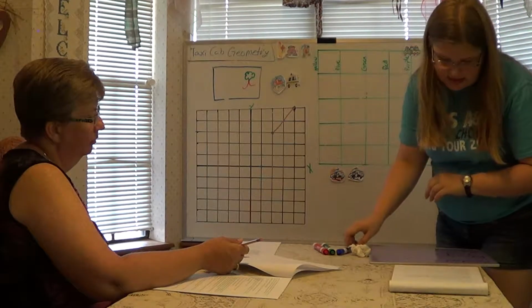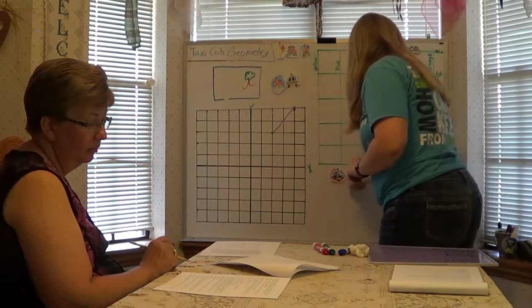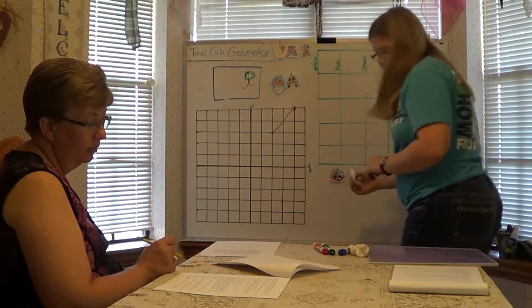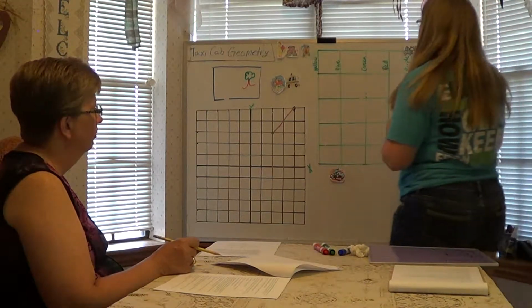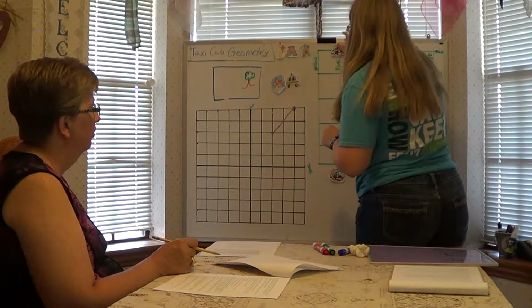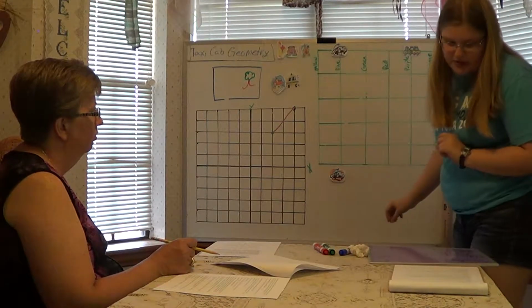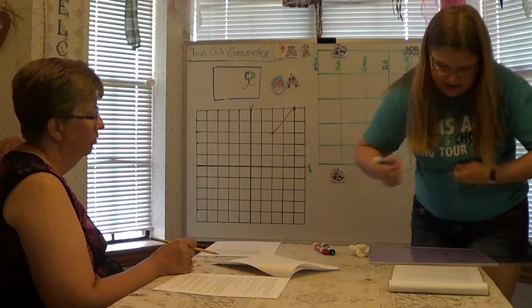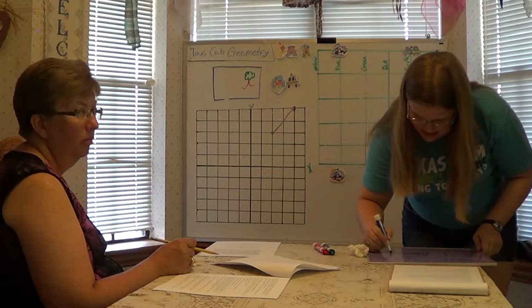And the first police car, which is this one, you may tell me what that coordinate point is? Main and Blue. Good job. So the first police car is located at Main and Blue.